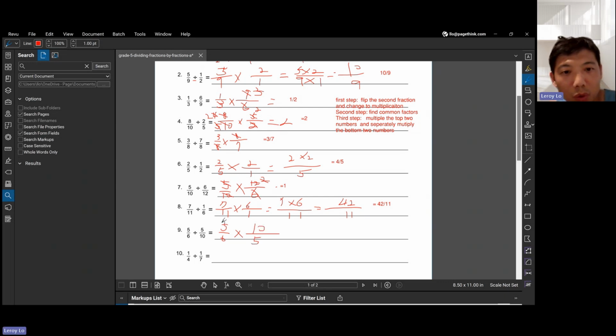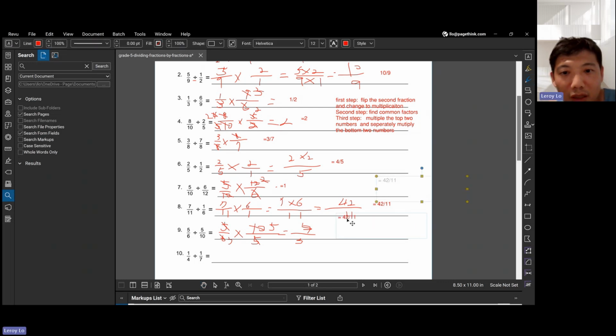We notice the 5s, so we cancel those out. Then there's a common factor of 2 for 10 and 6. 2 times 5 equals 10, so we divide that out and also divide the other out. The answer for this will be 5 over 3.